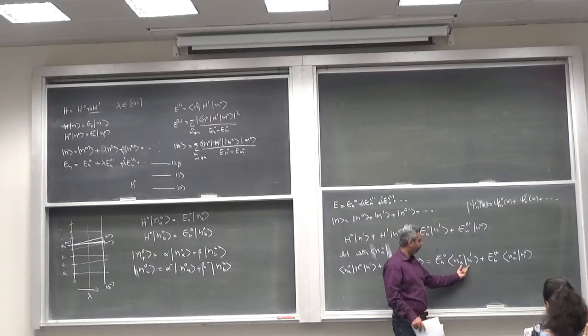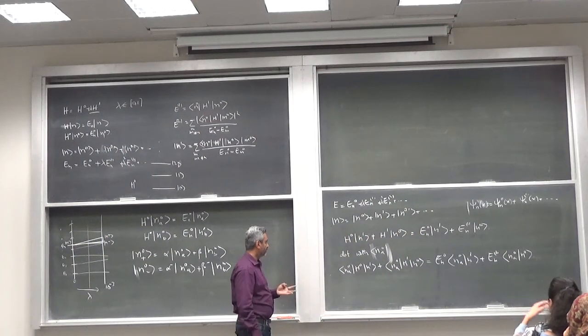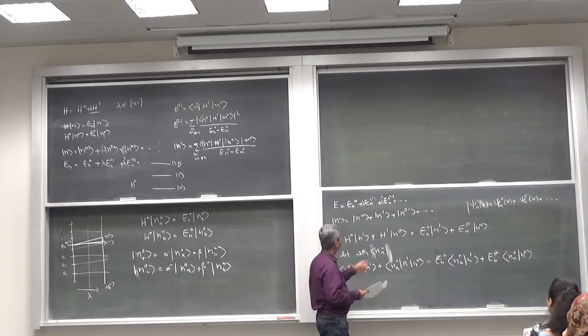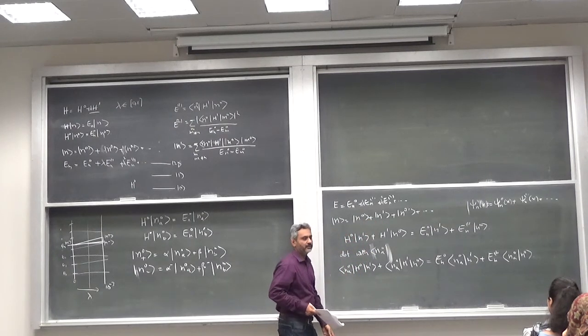What is this thing? What is this equal to? n A naught, n1. Why? Why are they common? So these should be orthogonal. In general, they are, but we haven't shown that.